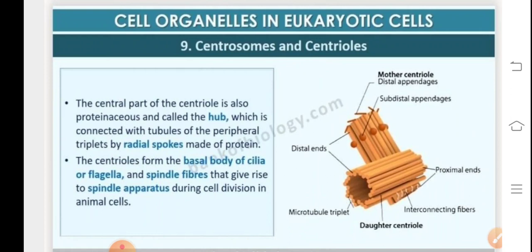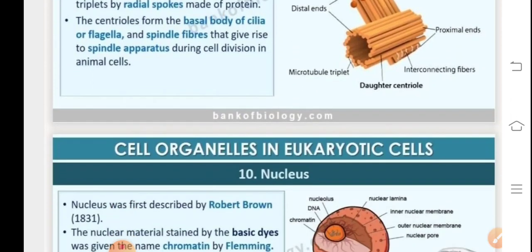The central part of the centriole is proteinaceous and is called the hub, and it is connected with the tubules of the peripheral triplets by radial spokes, which are made up of a protein. The basic function of the centriole is that it helps in the formation of spindle fibers, which are thread-like structures that help in the separation of chromosomes during cell division.